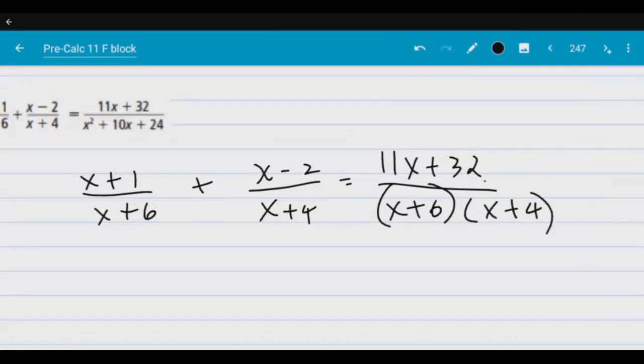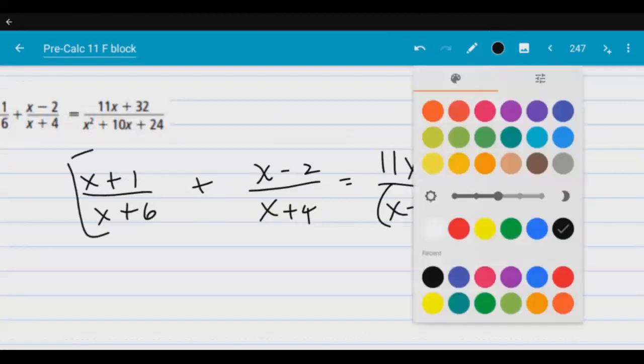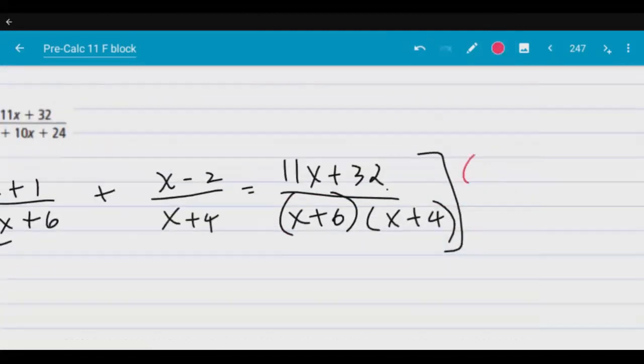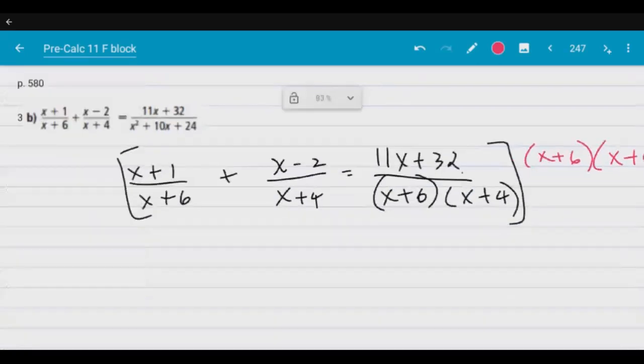So I will multiply both sides by this, x plus 6 times x plus 4. And hopefully we can get rid of the denominators. x plus 6, x plus 4.